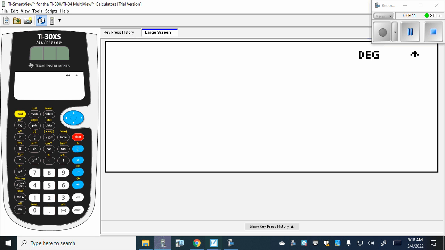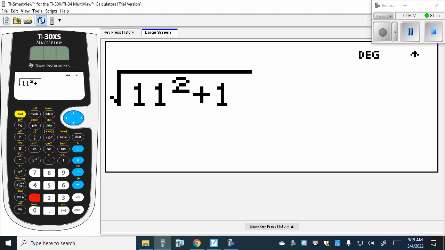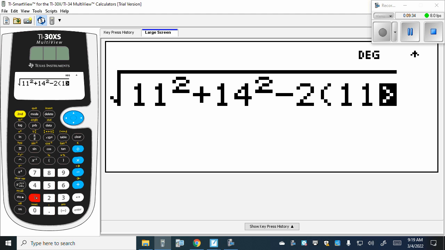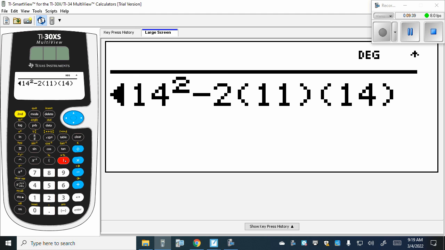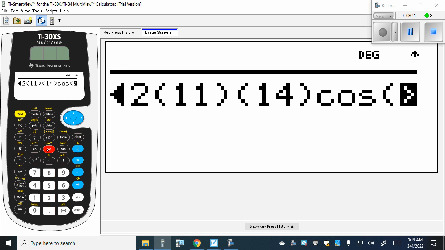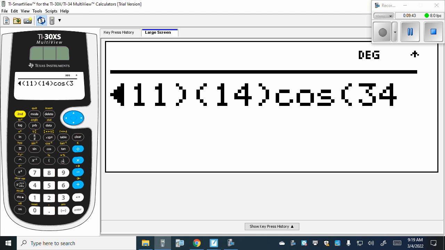So on the calculator, we can go second square root. Okay, let me try that again. Square root 11 squared plus 14 squared minus 2 times 11 times 14 cosine of, what was the angle? 34.